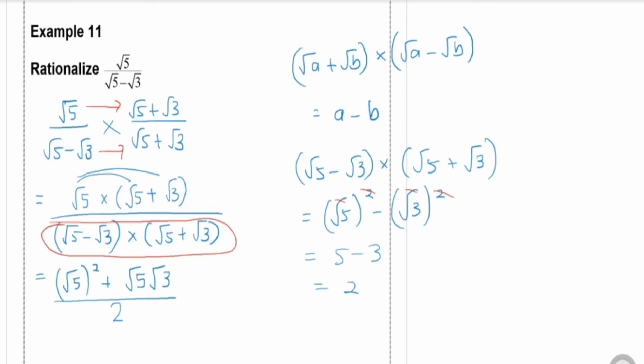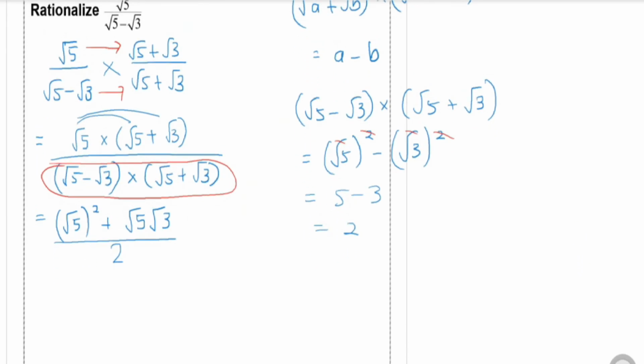And now, for the numerator, √5 squared is just 5. So 5 plus, now we have √5 √3. So √5 √3 is equal to the surd of 5 times 3, equals √15.